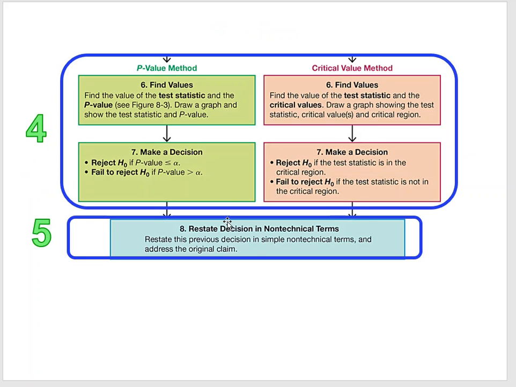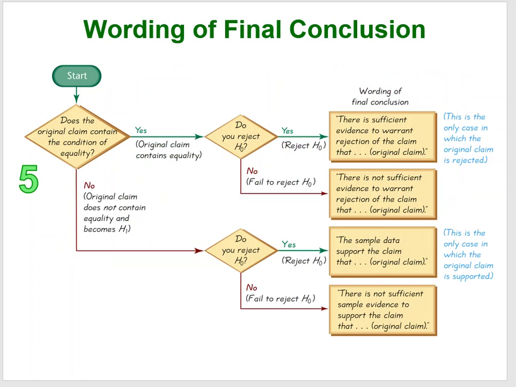Okay? The last step is to restate the decision and now take it back out of mathematics into layman nomenclature. And to do that, we're going to use something like this. We're going to say, okay, where did I put the claim? Did I put the claim in the alternative hypothesis? In other words, was the claim greater than something, less than something, or not equal to something?